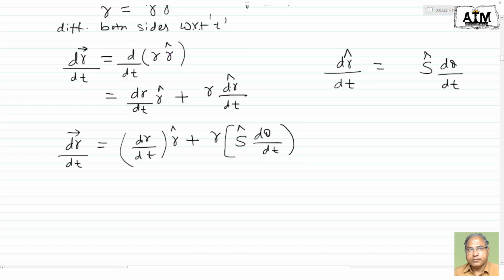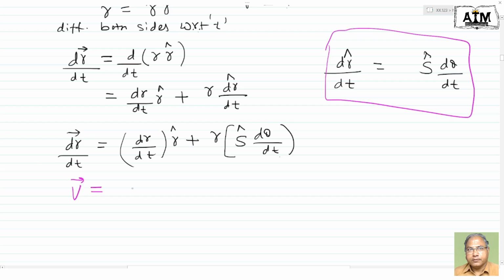Applying the product rule of differentiation, we get dr by dt r cap plus r multiplied by dr cap by dt. And in place of dr cap by dt, you can put s cap multiplied by d theta by dt. But dr by dt is nothing but velocity.